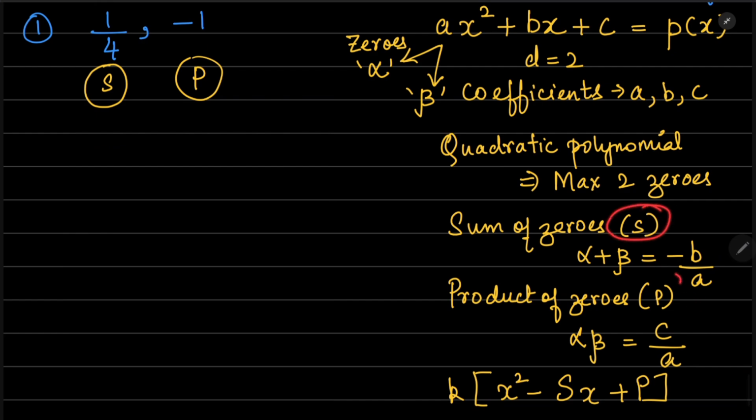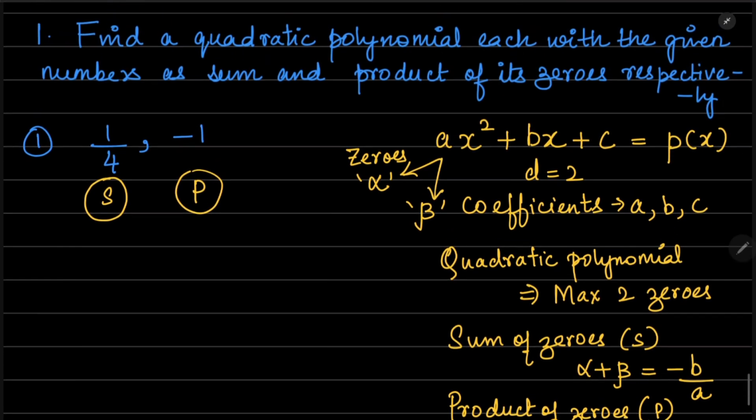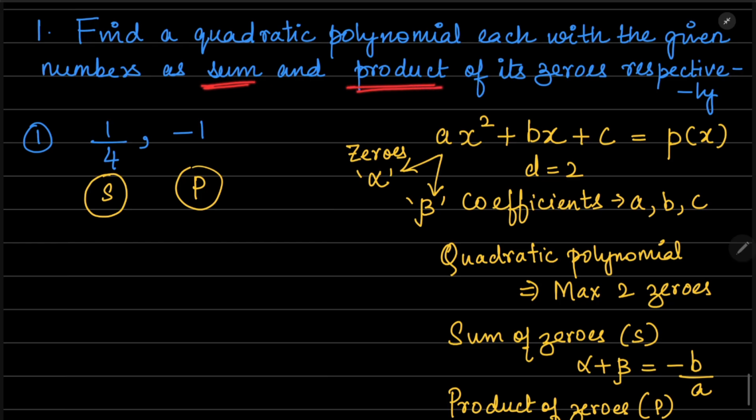If you know the s value and p value, the sum and the product of the zeros, you just have to substitute it in this formula. This is the quadratic polynomial. So if you know the sum and product of the zeros of any polynomial, you will be able to write the quadratic polynomial. How? Using the formula k multiplied by x square minus sx plus p.